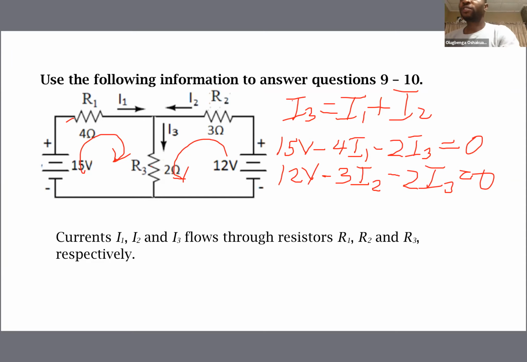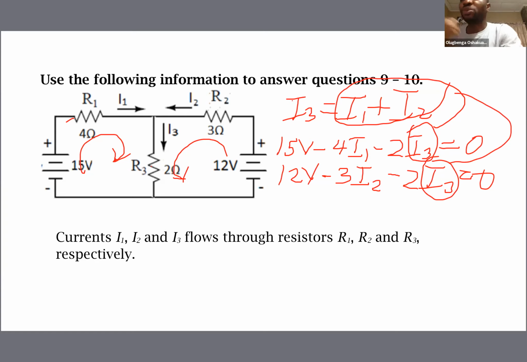Since I've solved this in a previous video, I should not waste time. The long and short is to say that solving, I'll replace I3 with I1 plus I2, and it will now fall back to obtaining I1 and I2 simultaneously.